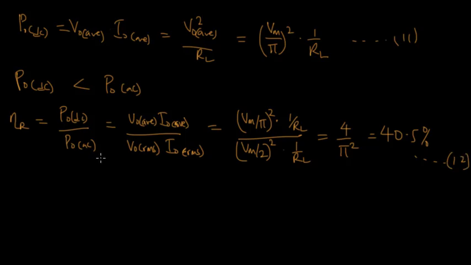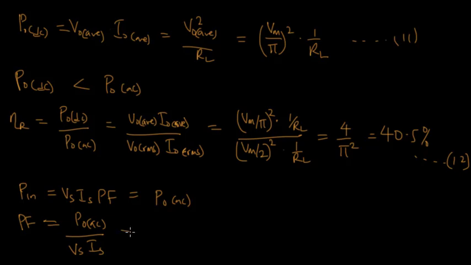So the rectification efficiency of a half-wave rectifier is equal to 40.5%. Assuming there is no power loss, the input power, Vs Is times the power factor, is equal to the AC output power. So the power factor will simply be equal to the AC output power over Vs Is, and that will give us Vm over 2 all squared times 1 over RL over Vm over root 2 times Vm over 2 RL.